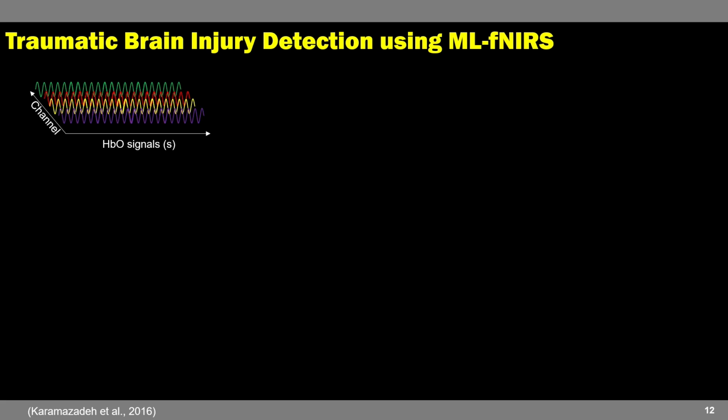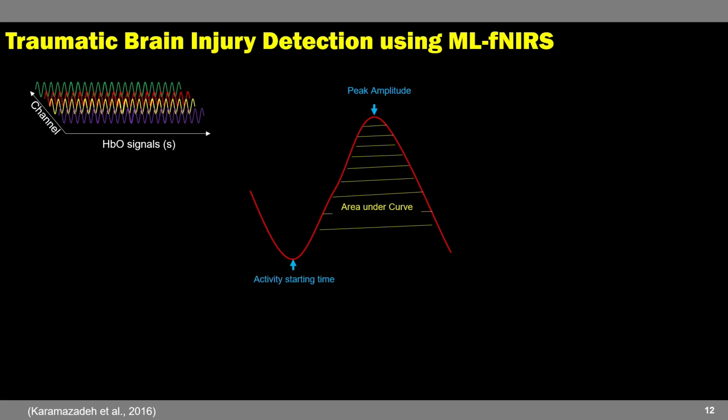In this paper, they measured the fMRI response in terms of the HbO signals, with multiple channels. They asked the subject to do different kinds of mental tasks. In the feature extraction part, they focus on a specific task, and you are able to get the activation start time, the peak amplitude, the area under the curve, and also the slope of the rising part and the decreasing part.